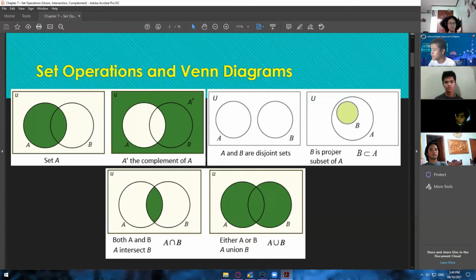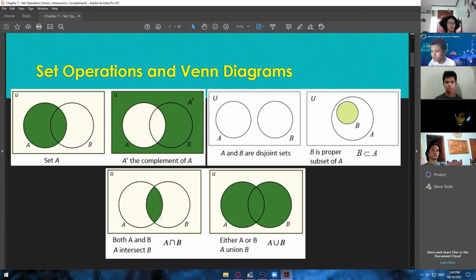And here we have another one, which is B is a proper subset of A. You already know the symbol of a subset. It says here that B is inside of set A, meaning all the elements in set B can be found in set A also. That's the meaning of B is a proper subset of set A.